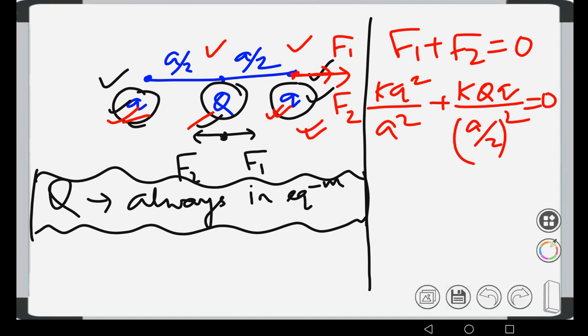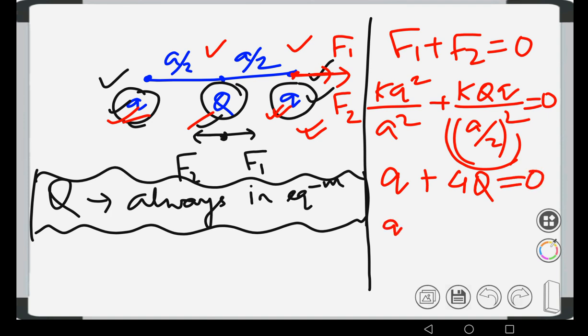Clearly, bringing k common, a square common, and q also common, we have q plus, here we will have a square by 4, and if we bring 4 on the top, it becomes q plus 4Q equals 0.